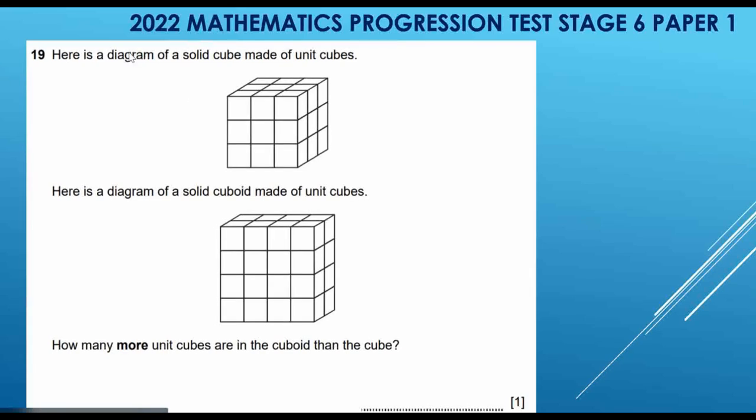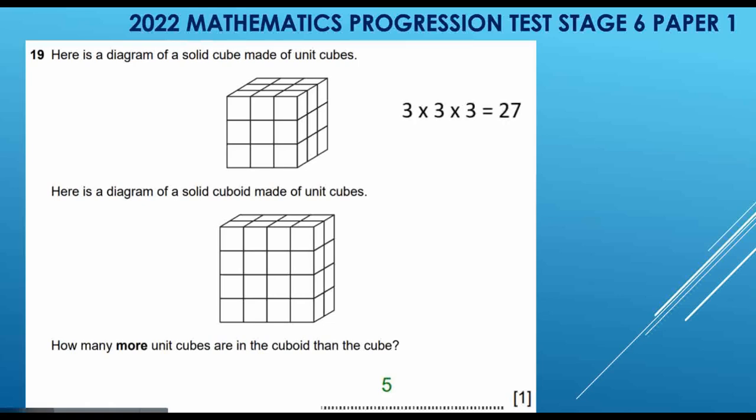Here is a diagram of a solid cube made of unit cubes. Here is a diagram of a solid cuboid made of unit cubes. So how many more unit cubes are in the cuboid than the cube? 10 seconds. 10, 9, 8, 7, 6, 5, 4, 3, 2, 1. So let's see. The answer is 5.